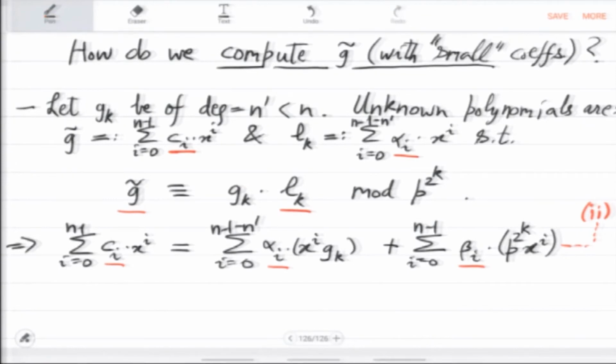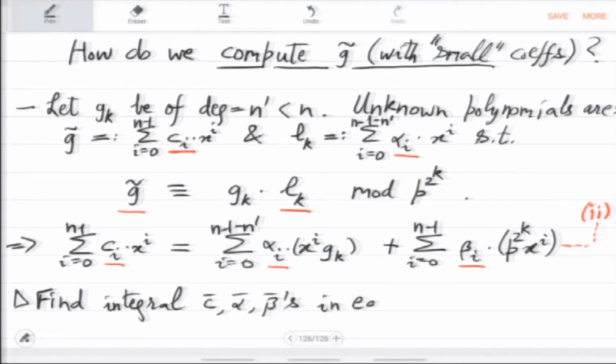So find integral C bar, alpha bar, beta bar in equation 2 such that C is small, the vector C is small.